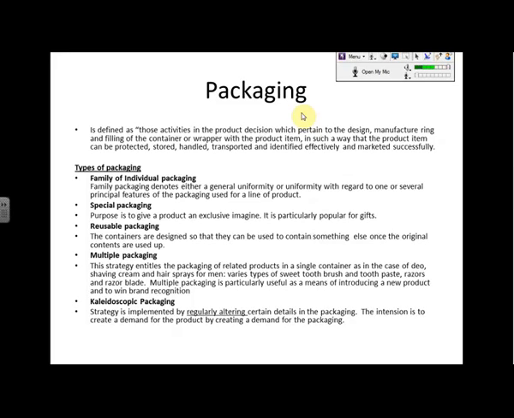We then have kaleidoscopic packaging. This is a strategy that is implemented by regularly altering certain details in the packaging. The intention is to create a demand for the product by creating demand for the packaging.